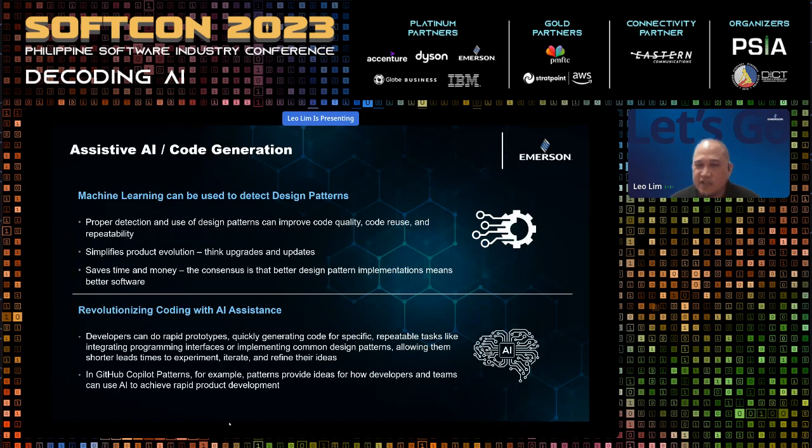You can quickly generate your code, and it generates those design patterns for you. So, like I said earlier, since there are no libraries for design patterns, this is the next best thing. It's like having another person looking at your code and suggesting design patterns. So that's really how far AI has come when it comes to generating code.